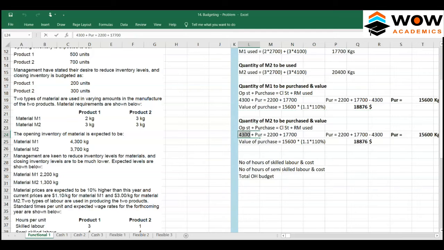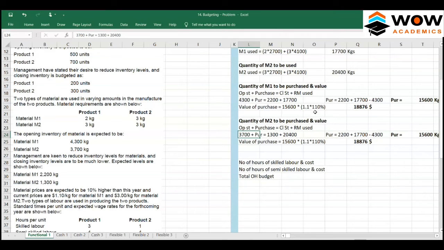So the opening stock of M2 would be 3700 kg, and closing stock of it would be 1300 kg, and the total units that are going to be used is, we have done it here, 20,400 kg.